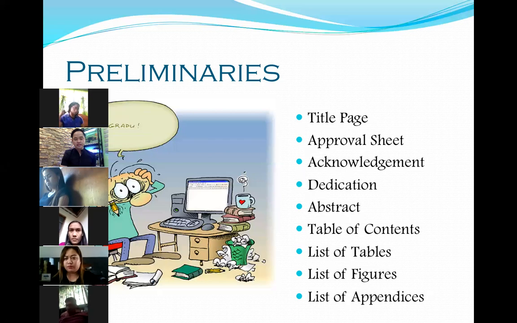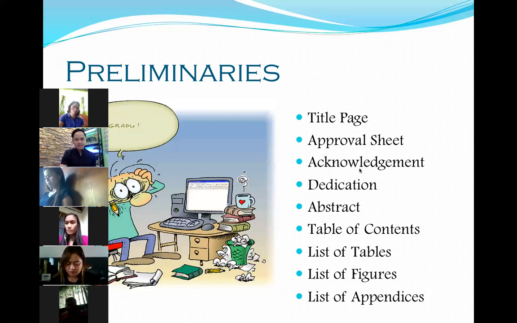Pero for those who are not yet done with their proposal defense, what are expected from you are the following: title page, approval sheet, table of contents, list of tables, list of figures, and list of appendices. So ano yung hindi pa present sa proposal defense? Of course, acknowledgement not yet.